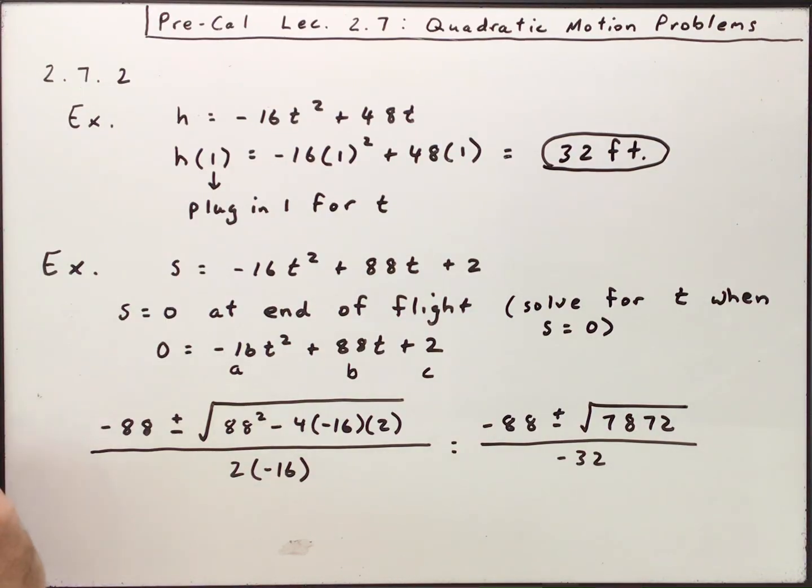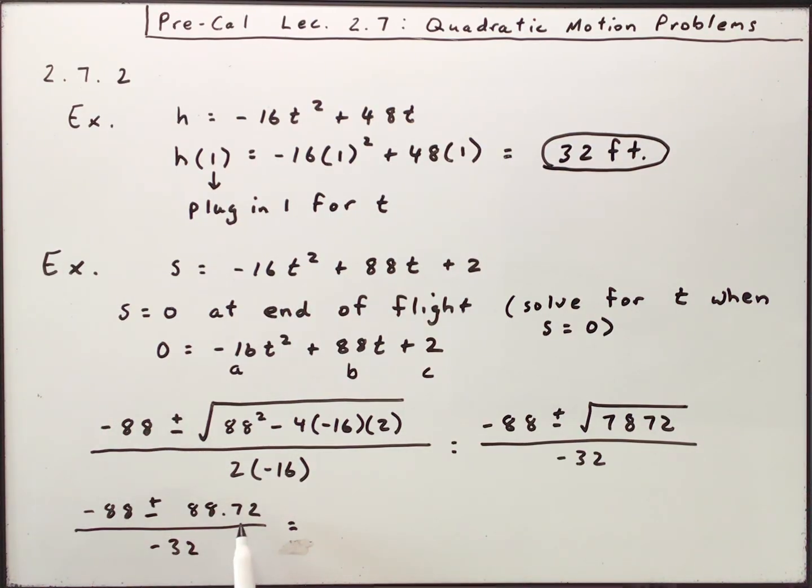Okay, so the square root of 7872 is 88.72. So that's going to be negative 88 plus or minus 88.72 over negative 32.